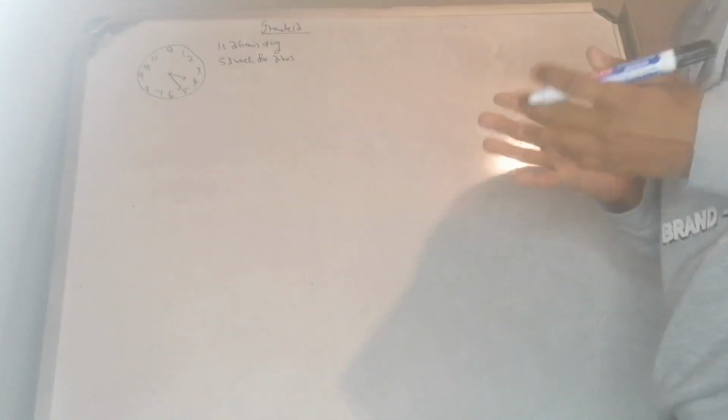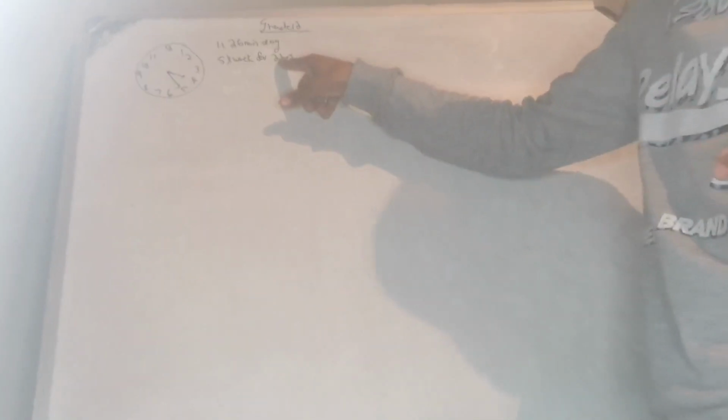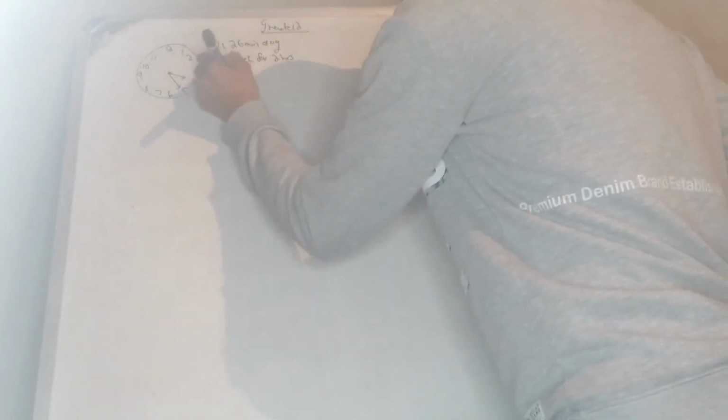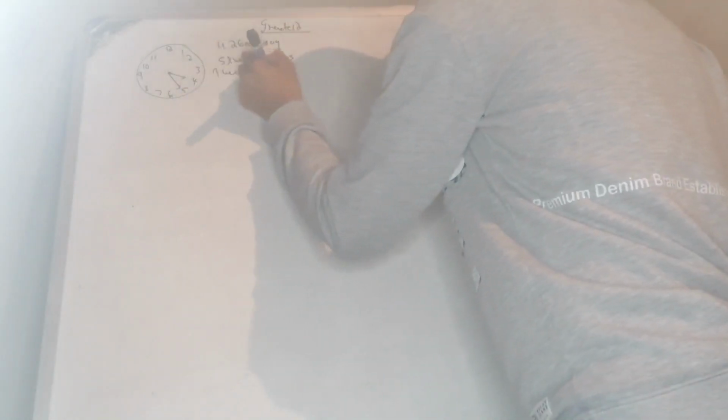25 minutes a day, and 5 times a week. And how many days are there in 1 week? 7 days. So we know that 1 week equals 7 days.